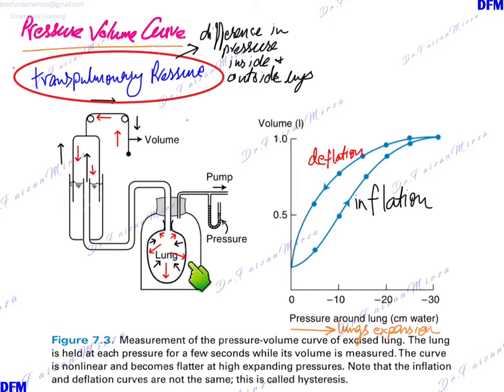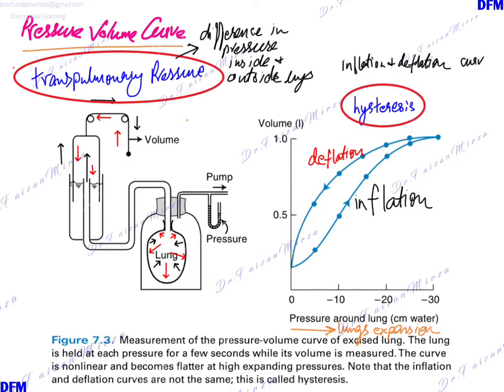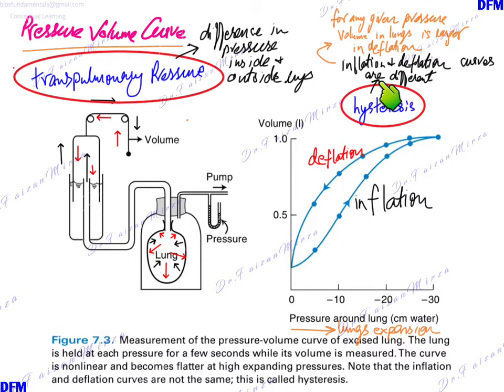This pressure difference inside the lung and outside the lung is called the transpulmonary pressure. I already discussed with you what hysteresis is, that inflation and deflation curves are different. They do not follow the same trajectory. Another feature of hysteresis is that for any given pressure, the volume in the lung is larger in deflation.